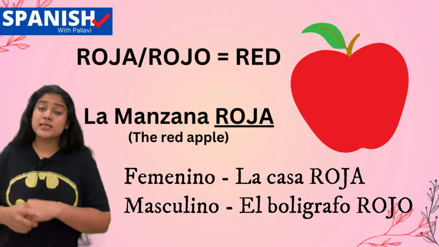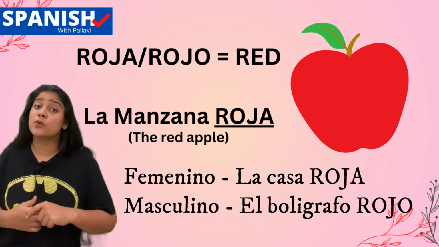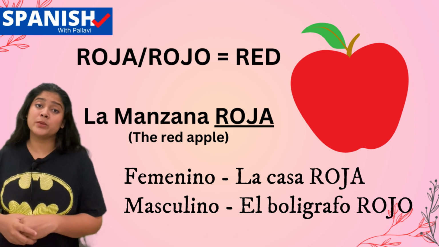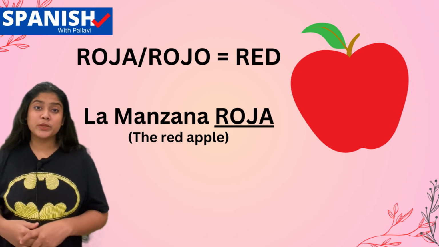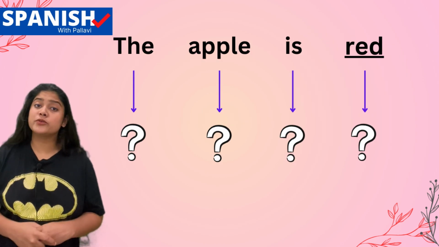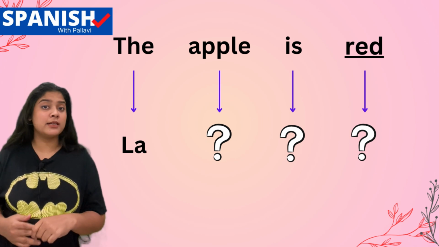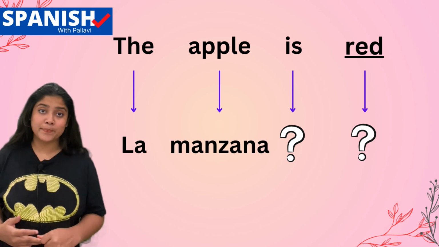That depends. If we are using a red house, that will be la casa roja. If we are using a red pen, that will be el bolígrafo rojo. So the example will be: the apple is red. How do you say that in Spanish? The will be la. Apple will be manzana.